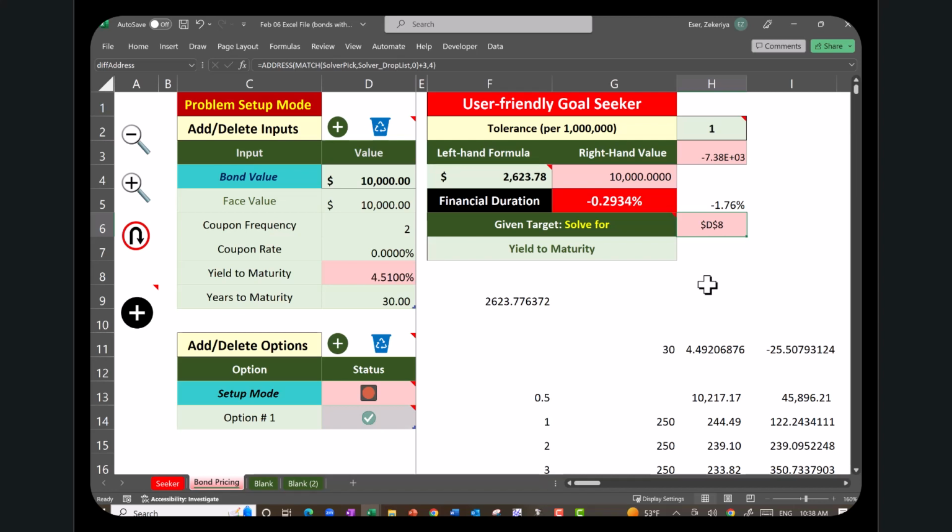So the lower the coupon, everything else being the same, the higher is the risk, and the longer is the maturity of the bond, the higher is the risk. So either way, it's a nice little measure of interest rate risk.